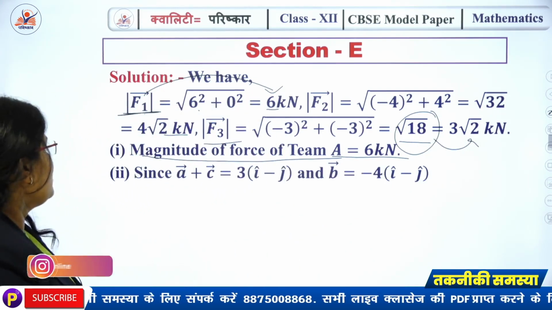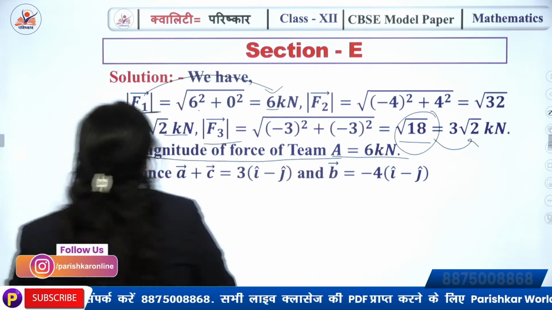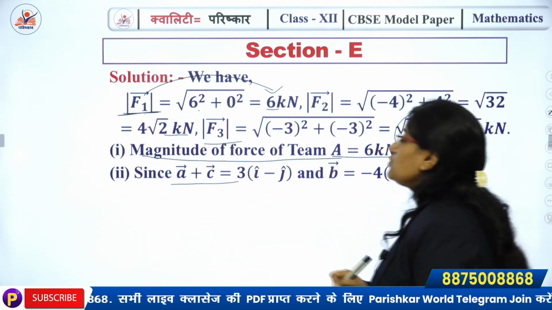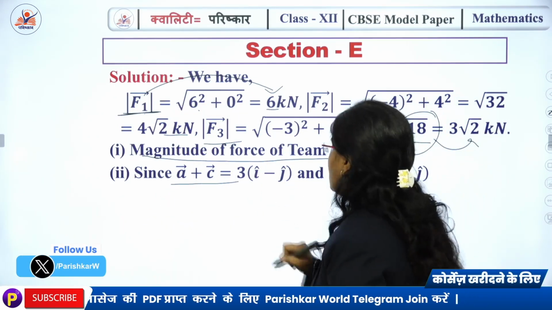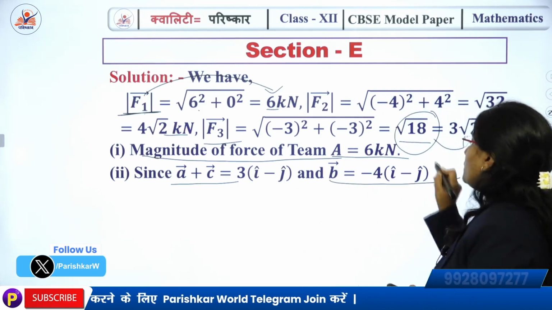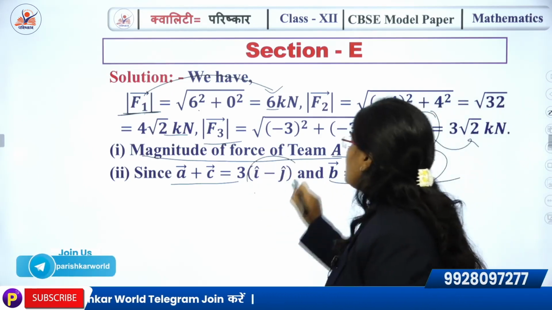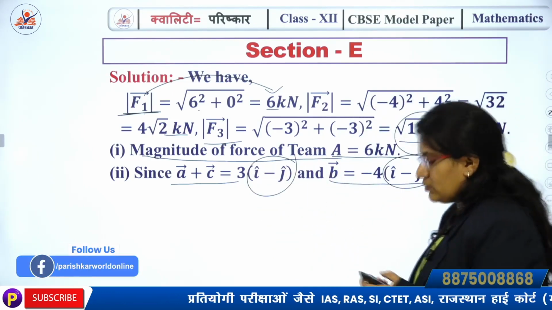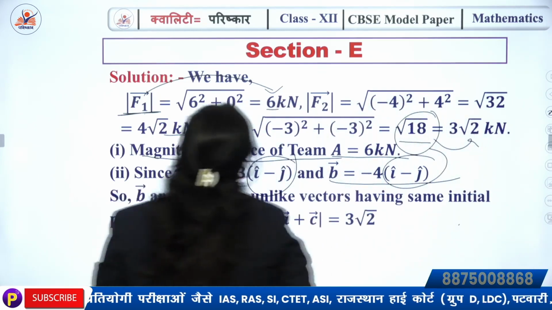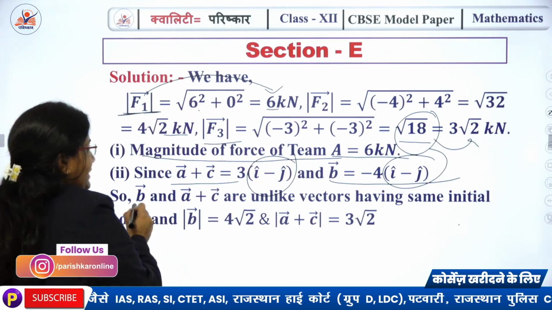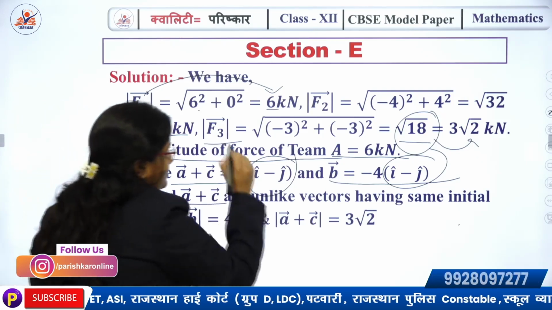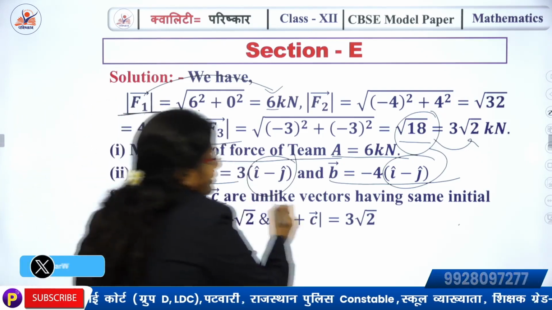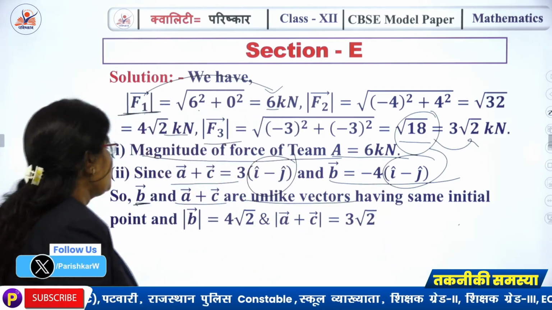Now come to the second part of the question. Students, you can see F1 plus F3 is equal to 3 into i minus j, and F2 is minus 4 into i minus j. See this, i minus j and i minus j, the same value is in F1 plus F3 and F2. That means vector F2 and vector F1 plus F3 are unlike vectors having the same initial point.